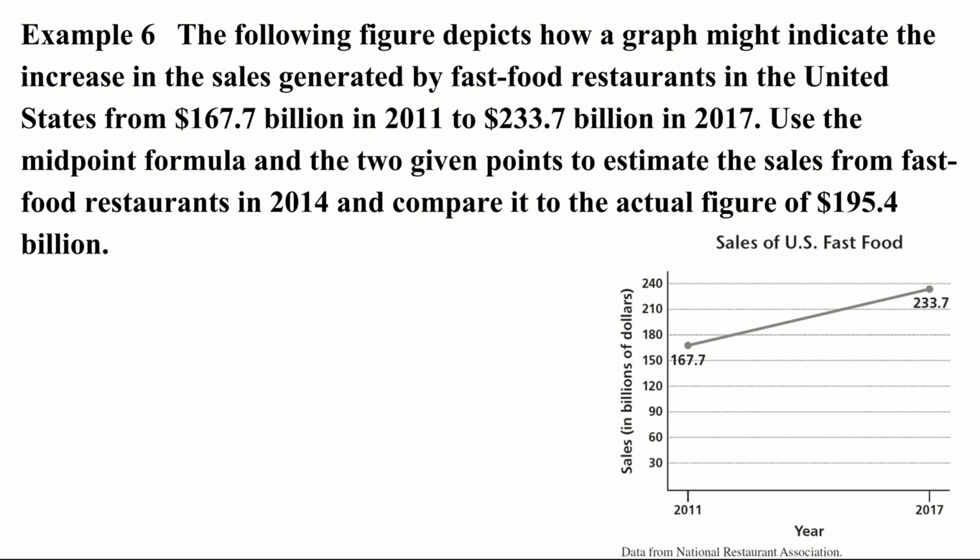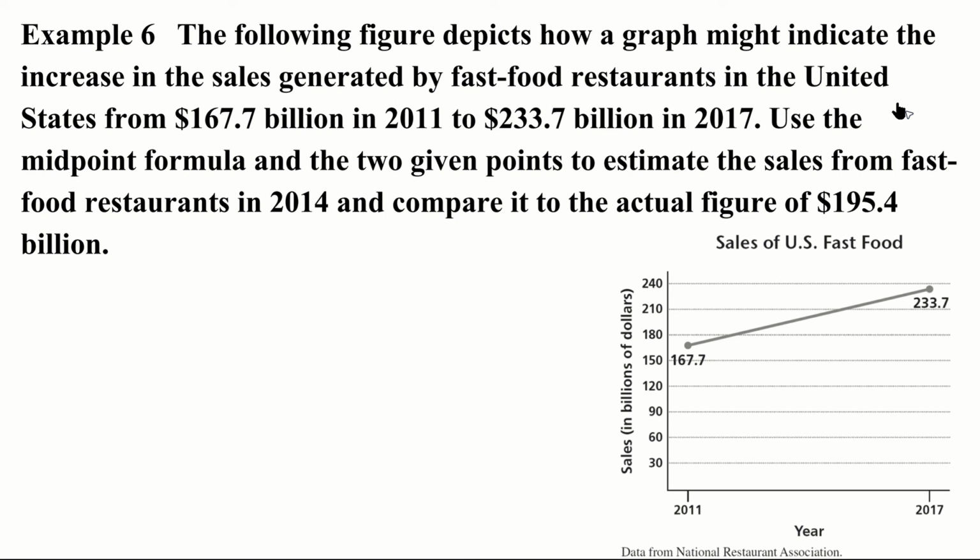Okay, here we'll look at a simple modeling application of the midpoint formula. The following figure depicts how a graph might indicate the increase in the sales generated by fast food restaurants in the United States from 167.7 billion in 2011 to 233.7 billion in 2017.